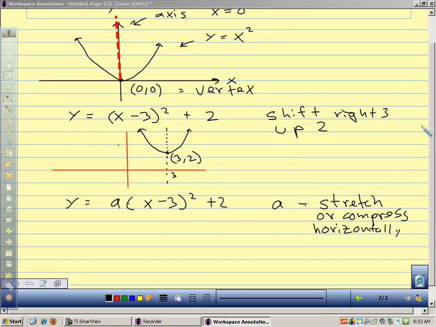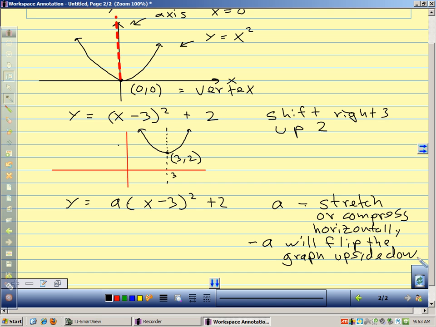And a negative in front will flip the graph vertically. So if we multiply by a negative in front, we're flipping the graph upside down. So this is just kind of review of what these different things do to what our graph looks like, what the different transformations do to our graph.